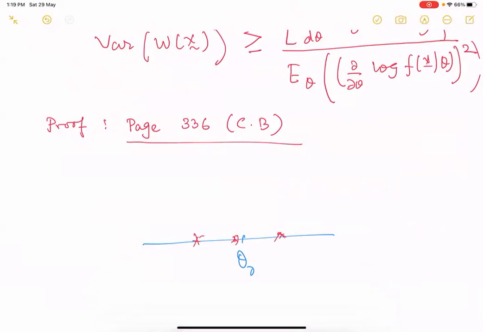So this distribution of Wx, the sampling distribution of Wx, will help me get a certain degree of margin of error.